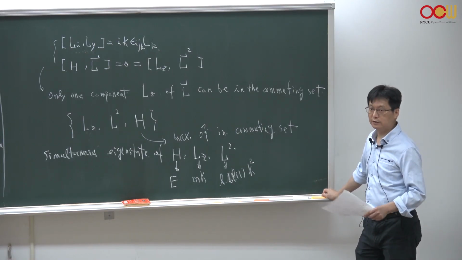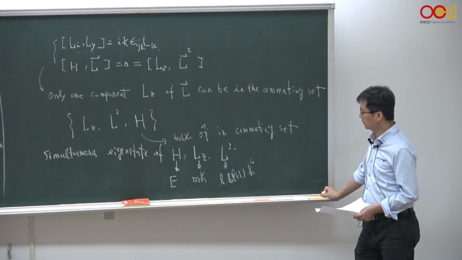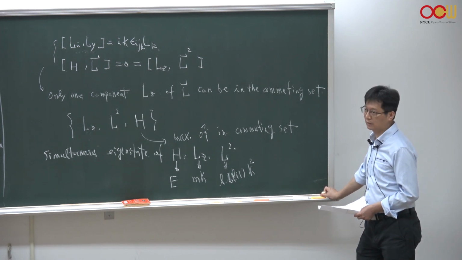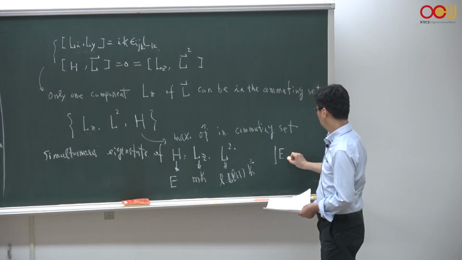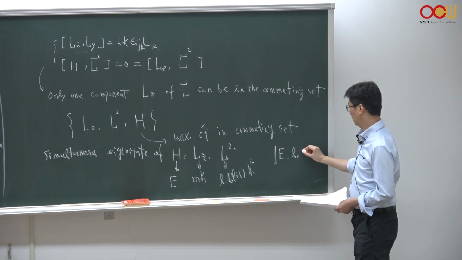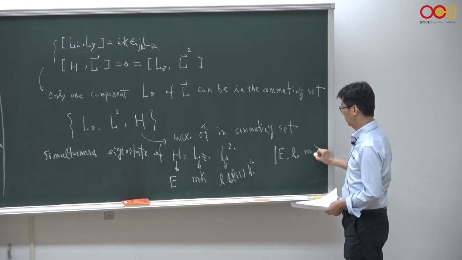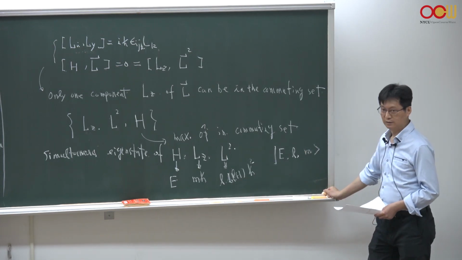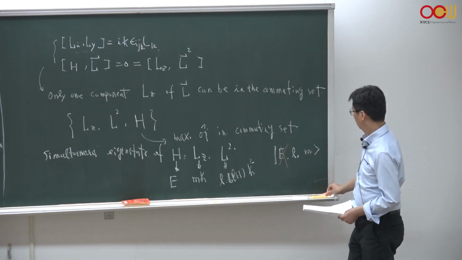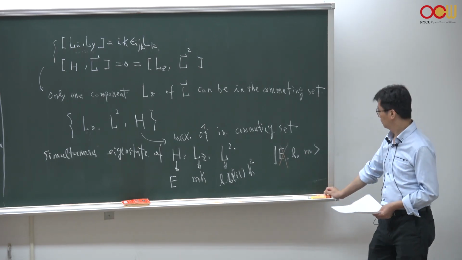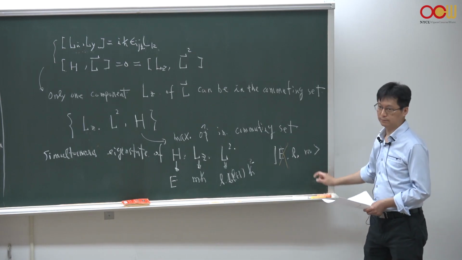In other words, we could label this simultaneous eigenstate by their eigenvalues, for example, this energy E, l for L squared, and m for Lz. But usually in the textbooks, we don't include this energy E, but just l and m.